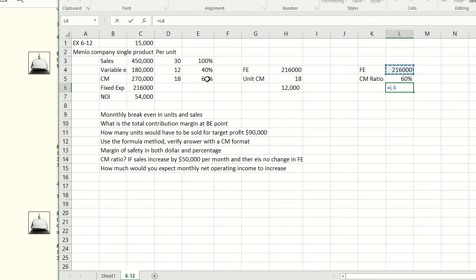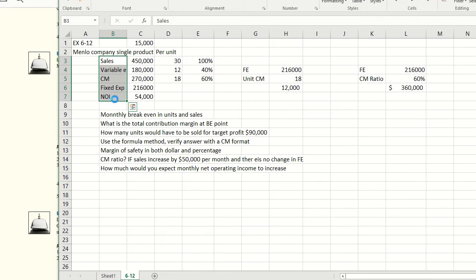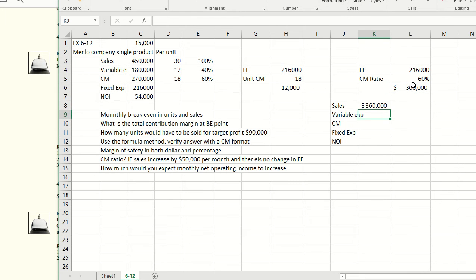So I will divide my 216,000 by 60%, and they're going to need to make $360,000 of sales. I could check that figure if I wanted to, right? So sales are going to be this amount. Remember that my variable expenses are going to be 40% of my sales.